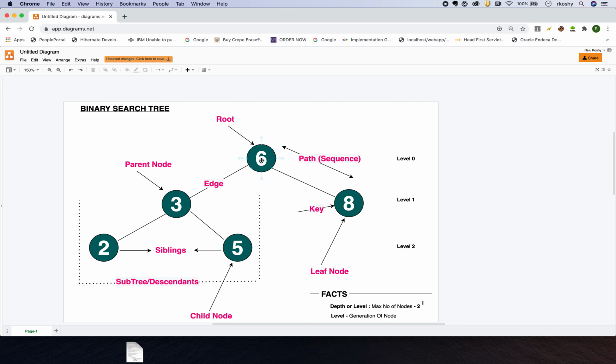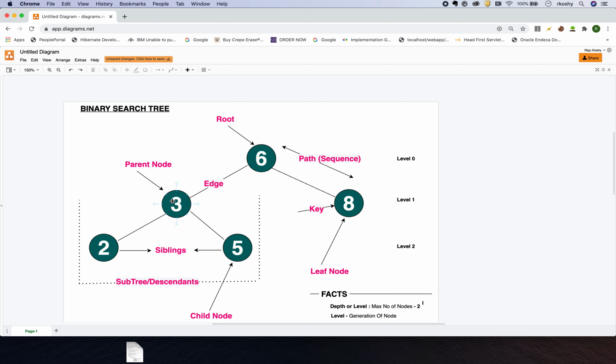Say I want to save a 9 in this tree. The input comes here and compares: is 6 greater than 9 or not? 6 is not greater than 9, it is less than 9. So 9 goes to the right, because the right side holds the greater values.